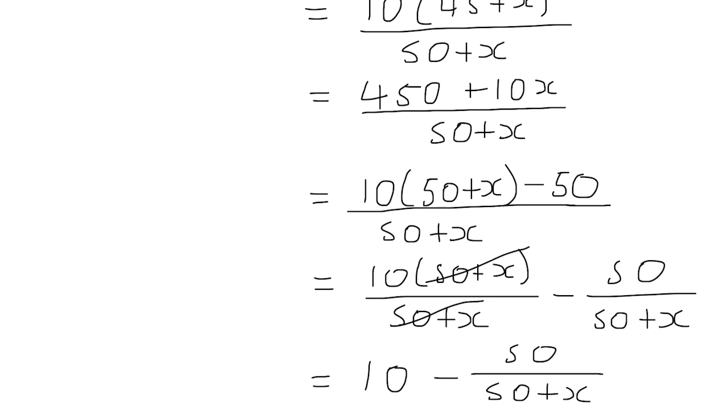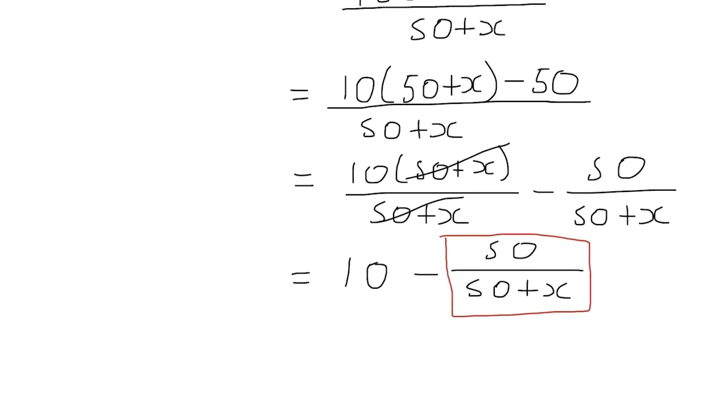So if I look at this fraction here, as x gets bigger and bigger, this fraction becomes smaller and smaller. Remember, x represents some speed that he wants to increase as he goes down the hill.